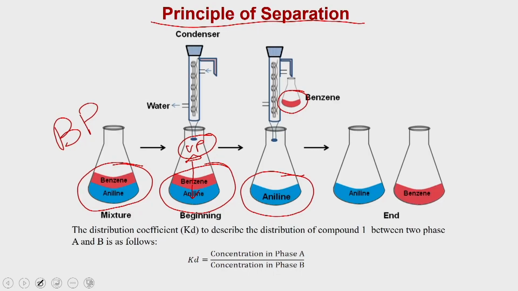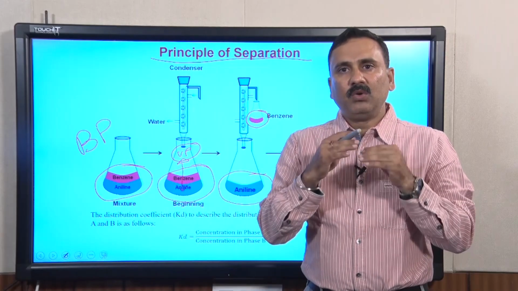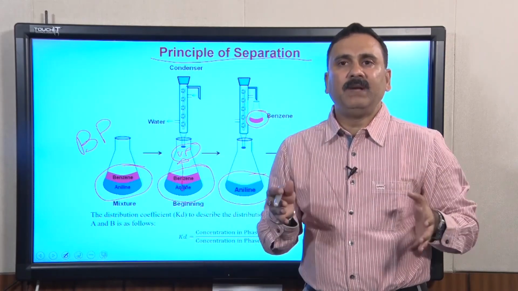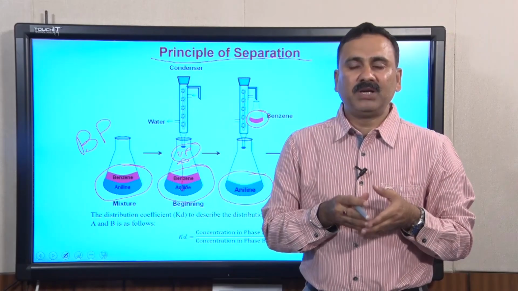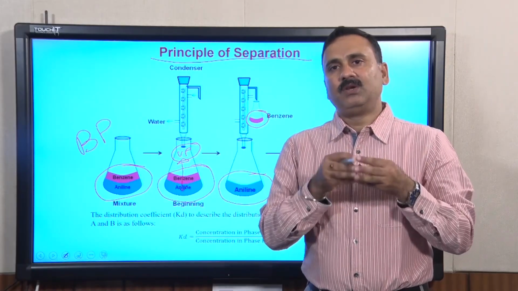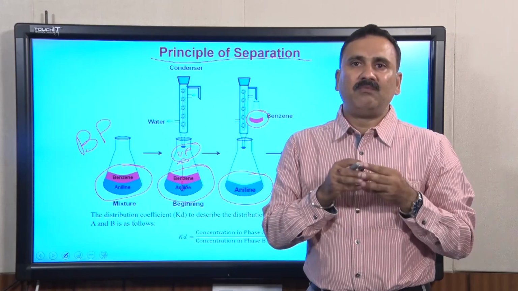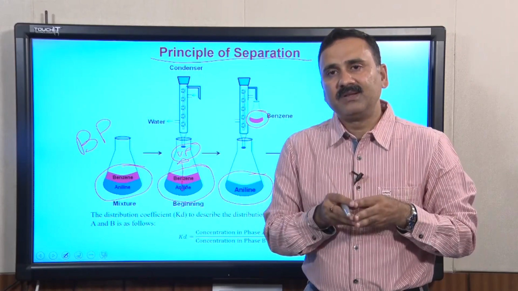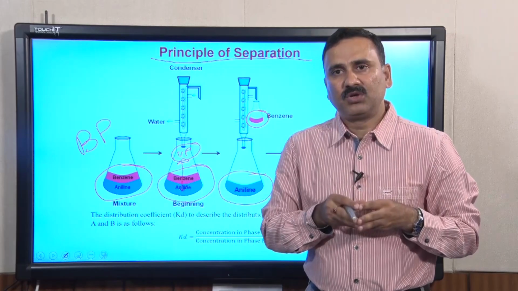And this phenomenon of distributing the molecule into the two phases is actually the basic principle of separation, and the parameter which measures the distribution of molecules into the different phases is called the distribution coefficient.